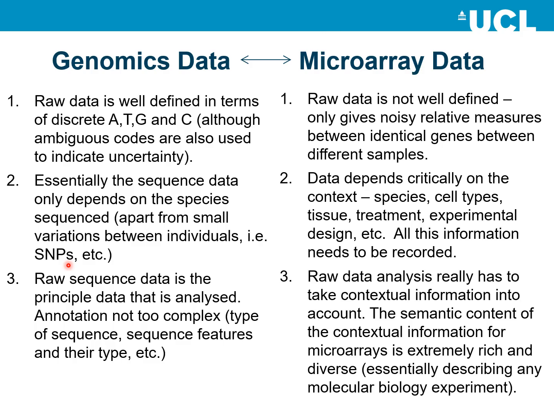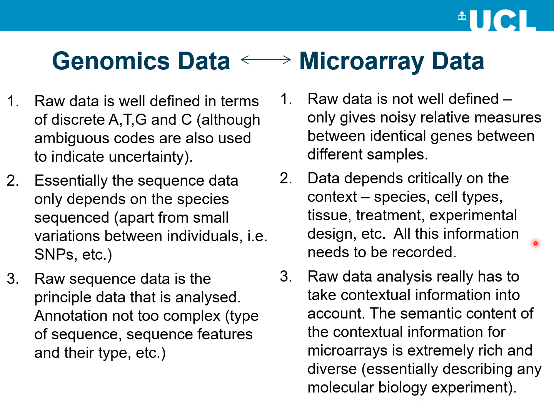So essentially mutations which make us all different, different hair colour, different eye colour, and there are other differences between our genomes and between the genomes of different species or the same species. So different strains of mice will have slightly different genomes.